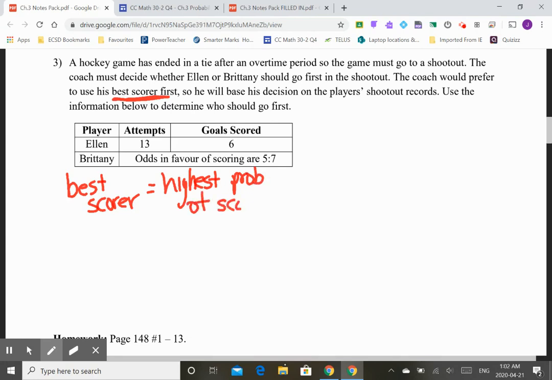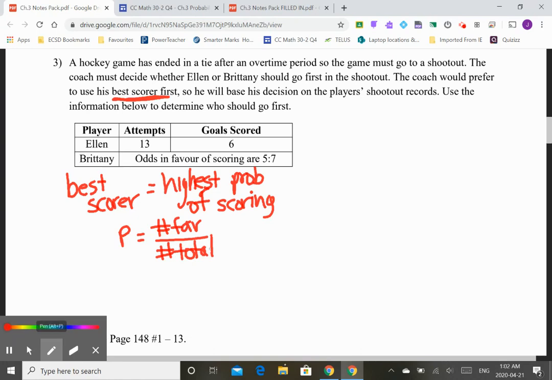What that means then is that we are going to have to find the probability that Ellen scores, the probability that Brittany scores, and then we're going to pick the player who has the higher probability. Let's keep in mind that probability is the number of favorable outcomes out of the number of total outcomes.